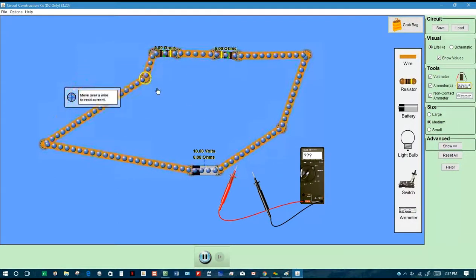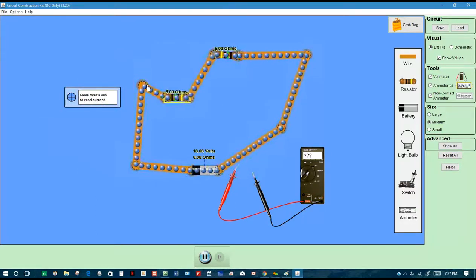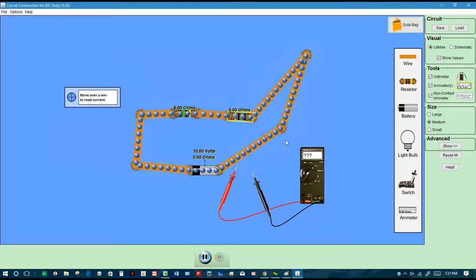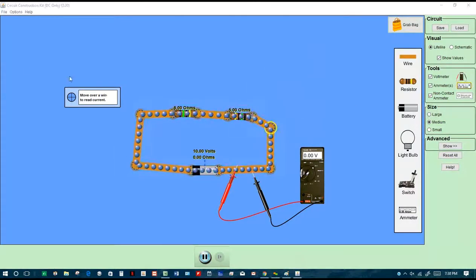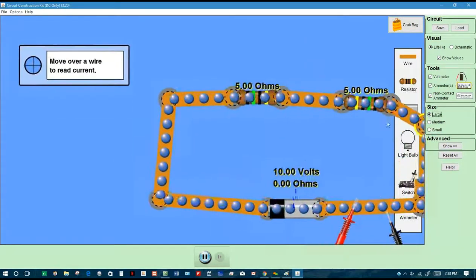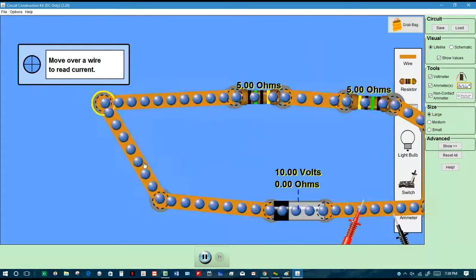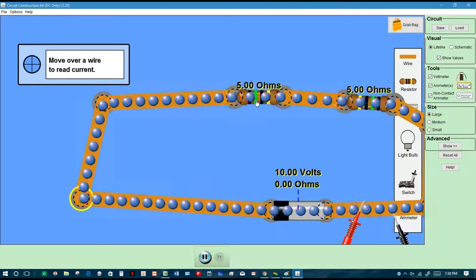Let me actually, give me 1 second. I'm going to try to make this larger so it's easier for you to see, because I have a feeling it's kind of small. Let me see if I can make this better. Let's move this over to large. That's a lot better. Thank you.